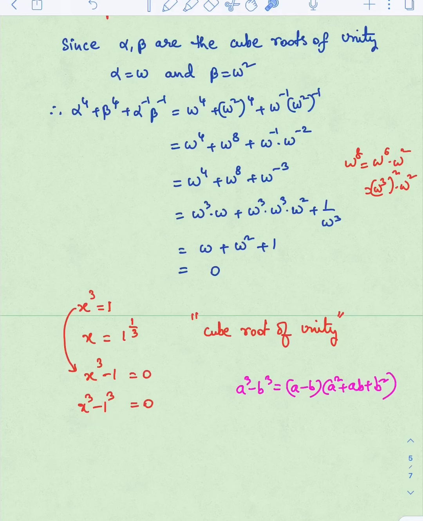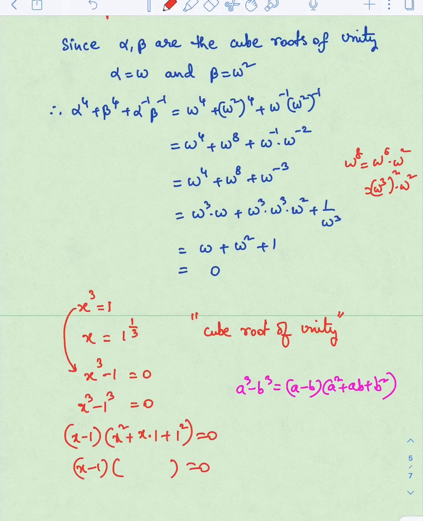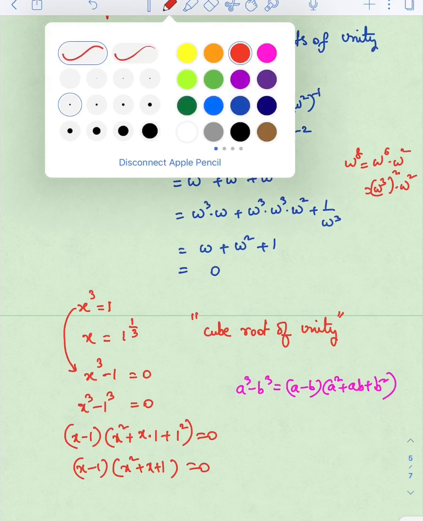How to write x cube minus 1 cube? 1 is 1 cube. This is in this form. X minus 1 into x square, a square means x square, plus ab means x into 1, plus b square is 1 square, is equal to 0. Next step. X minus 1 into x square plus x plus 1.